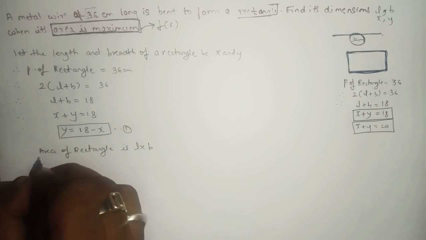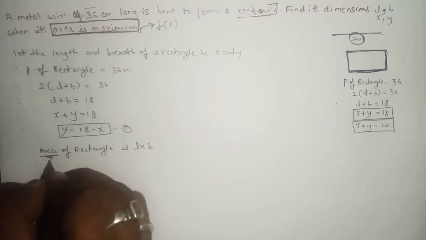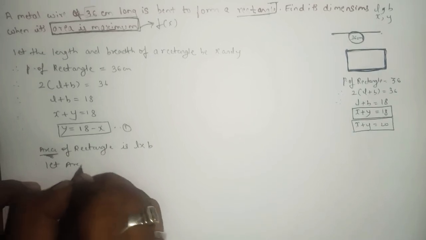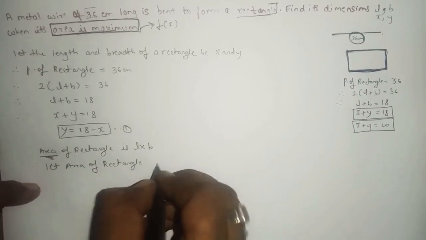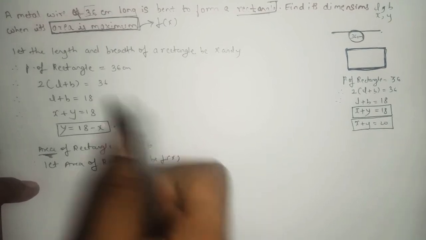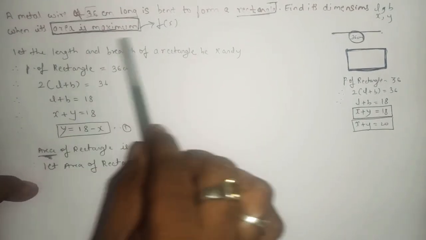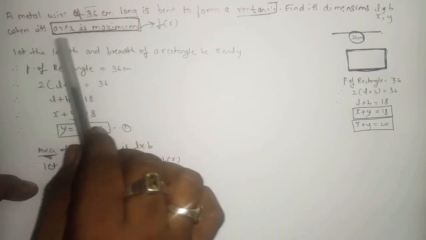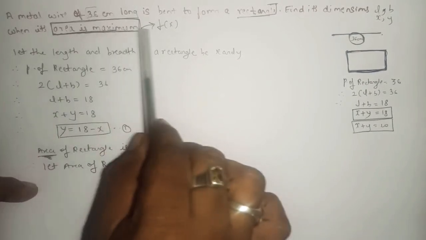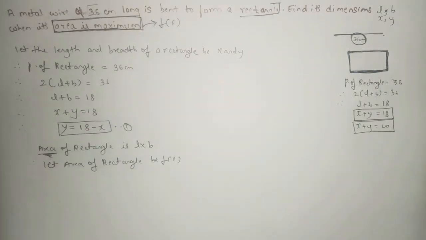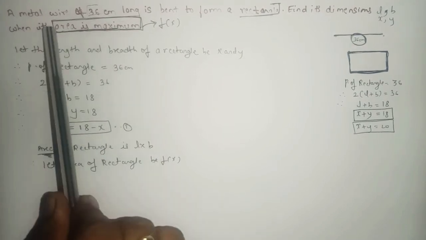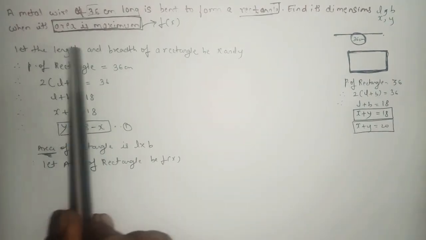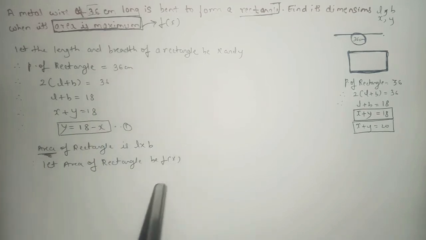So area is maximum means, in this section we'll take, let the area of rectangle be f of x. As I told, whenever it says that area is maximum or the product is maximum, you will consider that sentence as f of x, whatever the sum. Suppose if area is replaced by profit is maximum, then here you will write, let the profit be f of x.